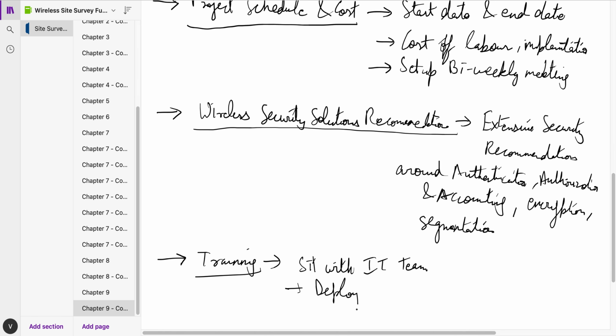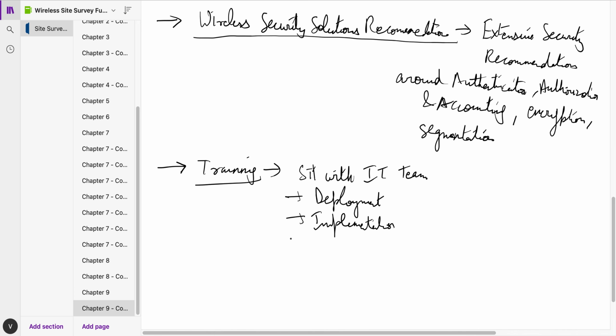Train their team on each of these. If it's a CLI based managed wireless network, train them on CLI. Or if it's a GUI based Wi-Fi system, train them on how to run the GUI.